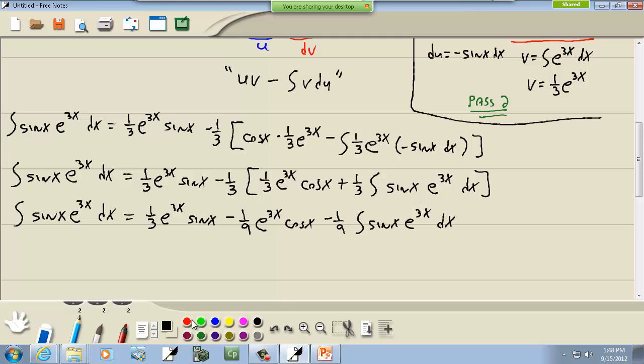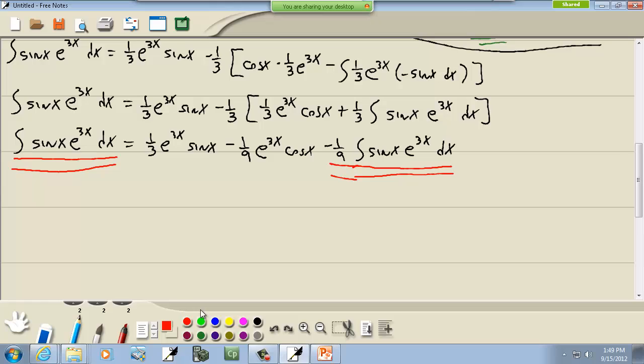Now we could spend the rest of our life doing this and never go anywhere. Pass 3, pass 4, pass 10,000, and so forth. What we're looking for is this: what we had originally on the left side, the integral of sine x e to the 3x dx, we want to keep doing the passes until we get that same thing over on this side. See how I have this now?